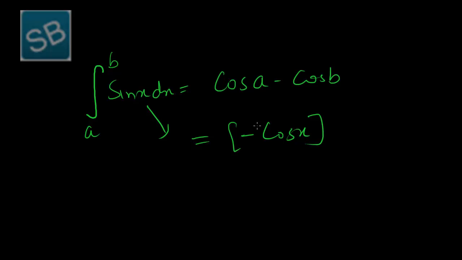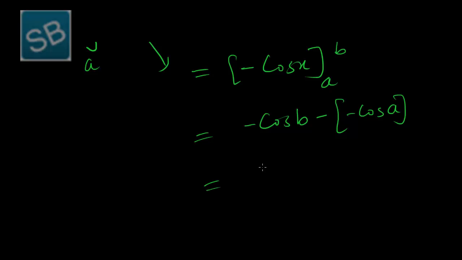So if we see, we have done upper limit minus lower limit, that is cos of a minus cos of b.